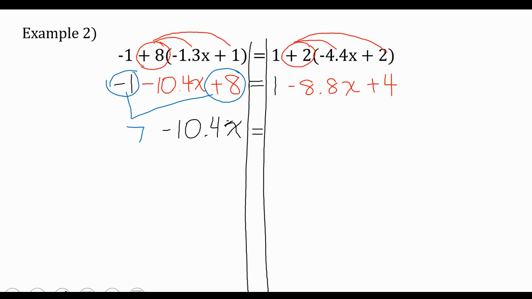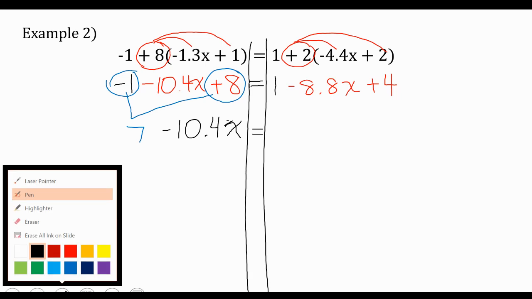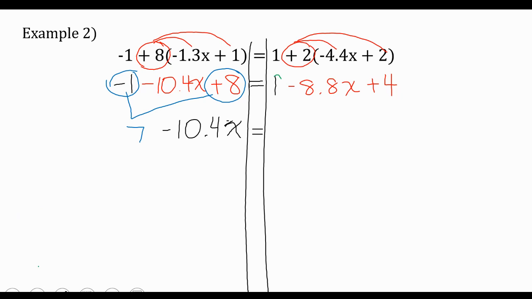Equals. Now on this side, we have this +1 and this +4. They both don't have variables, they're both constants, so we're going to combine those and get 5. And then we're going to just bring down that -8.8x. I just want to clean this up a little over here. Don't really like the way that looks.